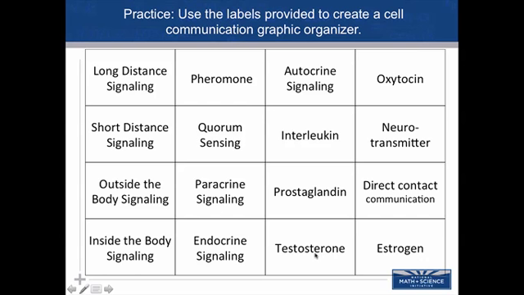There are some specific examples, but use those examples as you build a graphic organizer to show your understanding of the different levels of communication. So you'll want to stop the video now and practice that for a moment.